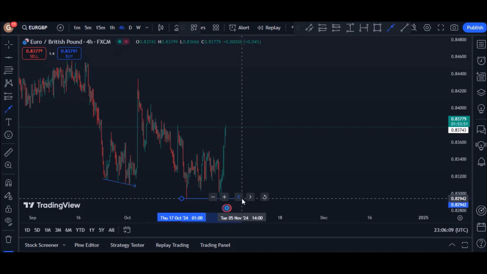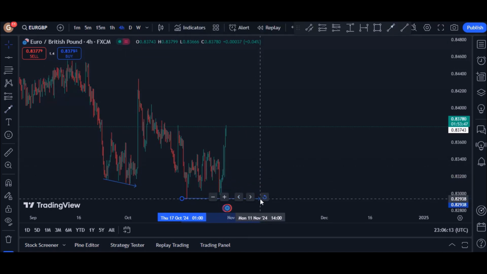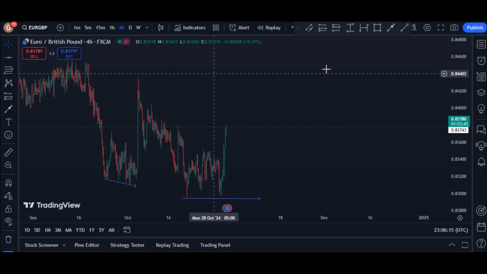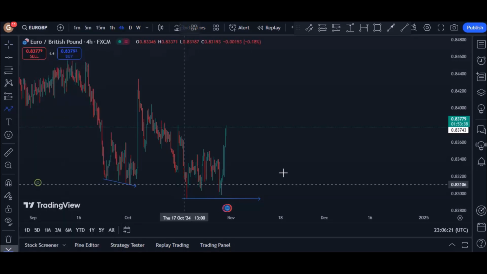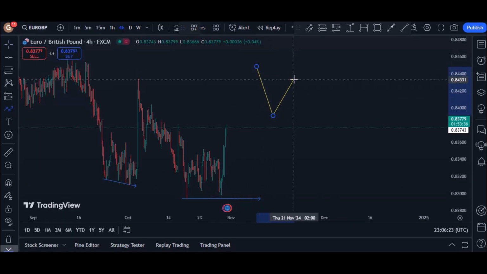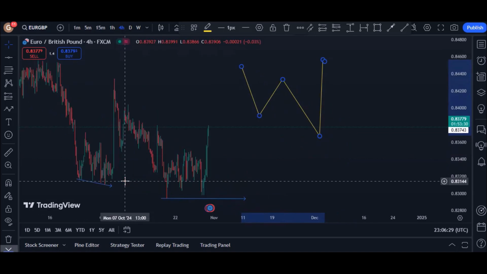So this is the W pattern that I showed you earlier that actually looks like this. So this is what this setup looks like.